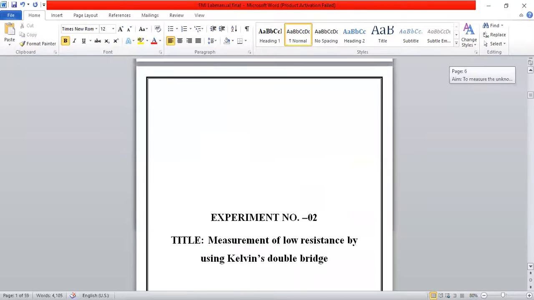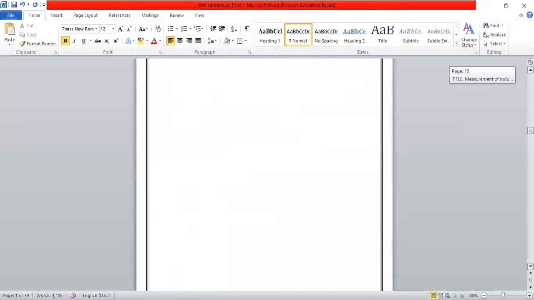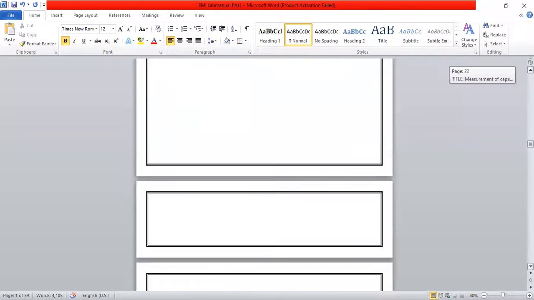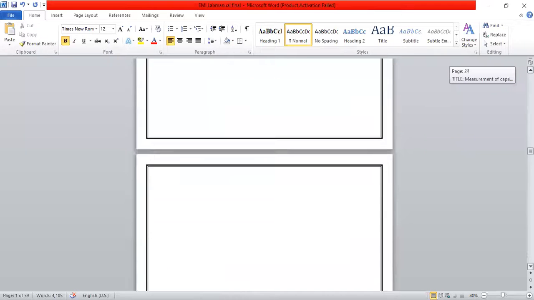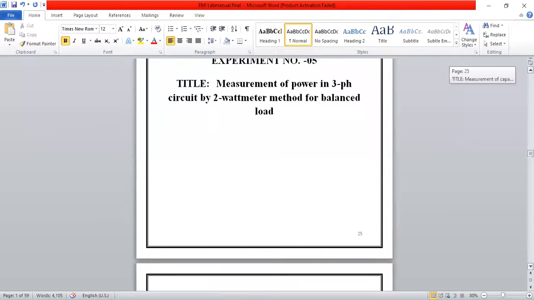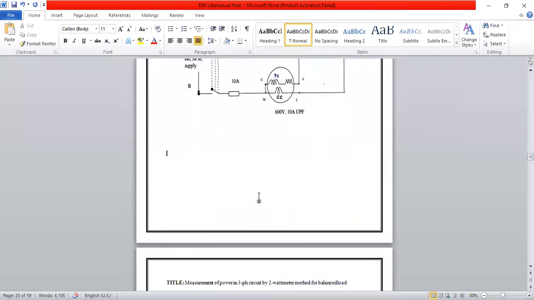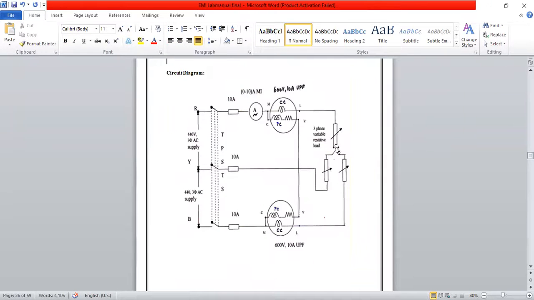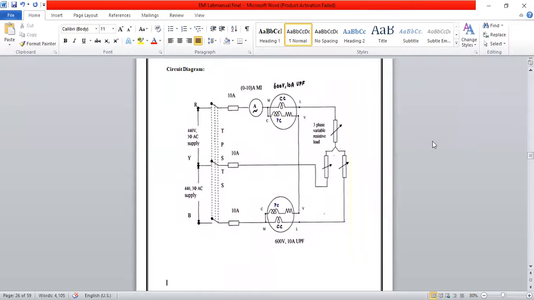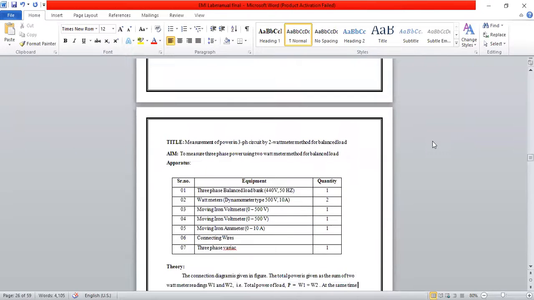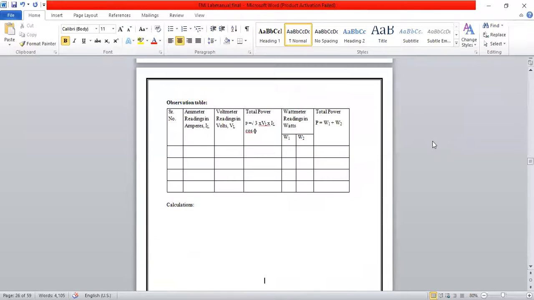I told you about the two wattmeter method. The two experiments, for the balanced condition it is different, for the unbalanced condition it is different here. Use the same circuit diagram. The voltmeter and ammeter readings differ.